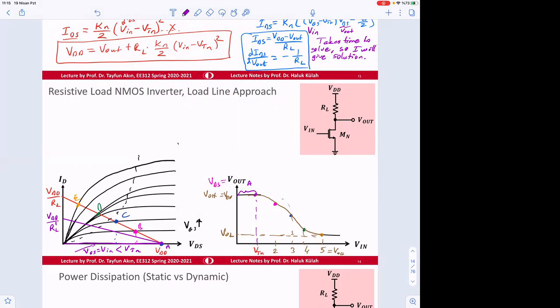If RL prime is larger than RL, then the graph will reach lower values. So this is going to be the graph.